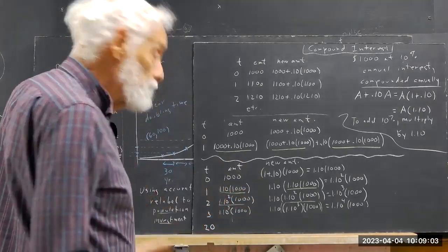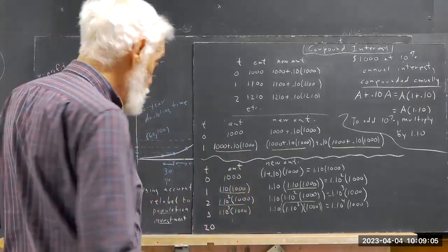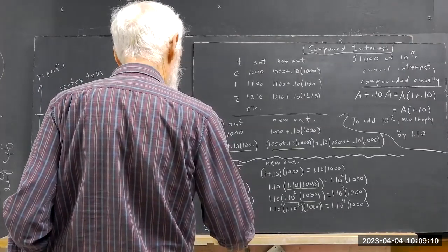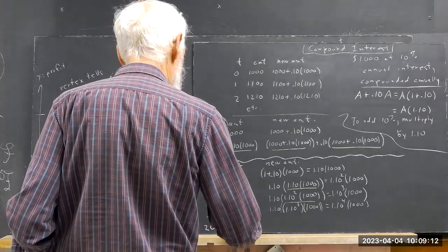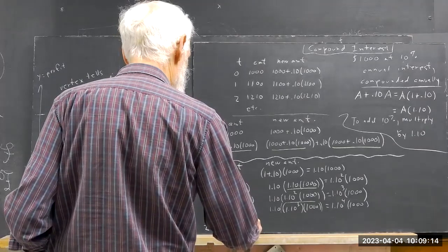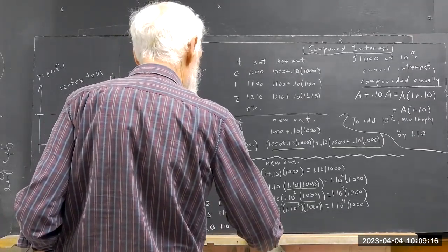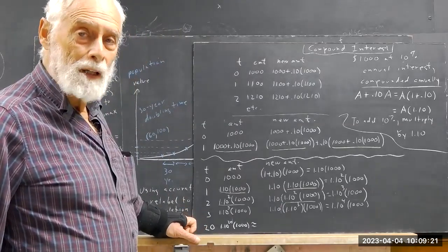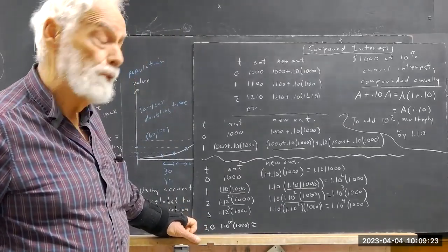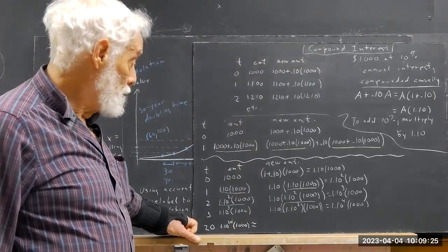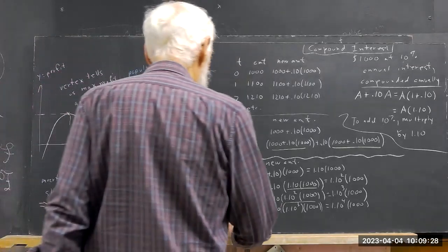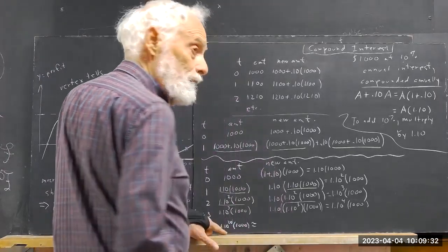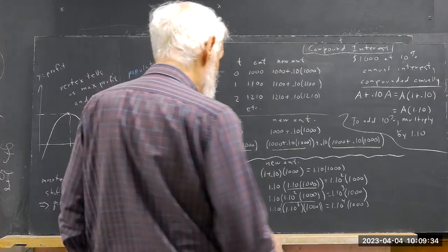So after 20 years, we will have multiplied by 1.10 20 times. And we didn't have to do years 5, 6, 7, 8, 9, 10, 11, 12, right? We didn't have to do every year, because we're multiplying by 1.10 this many times. That means we're going to have 1.10 to the 20th times 1,000.